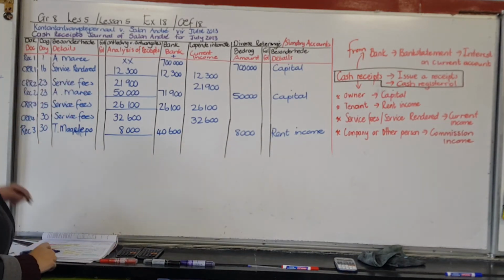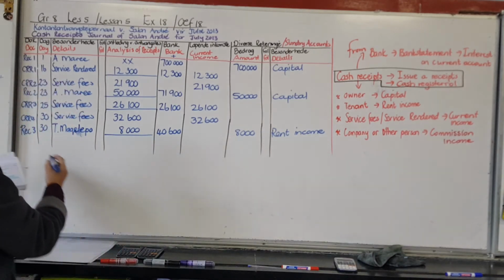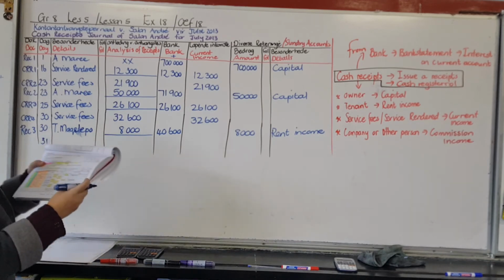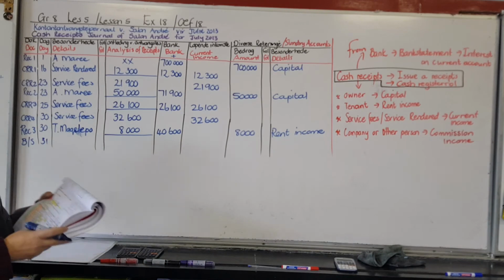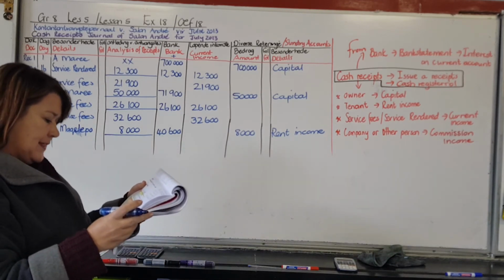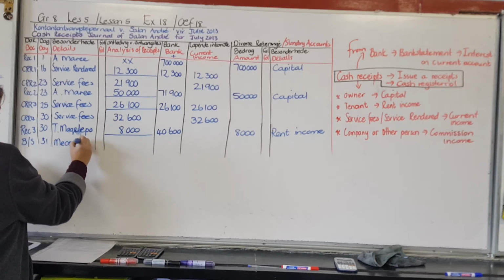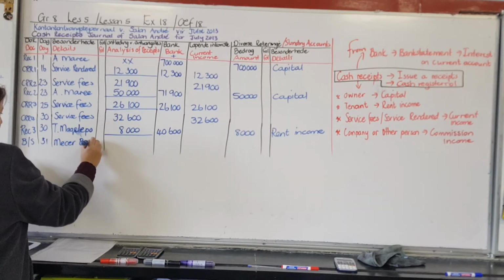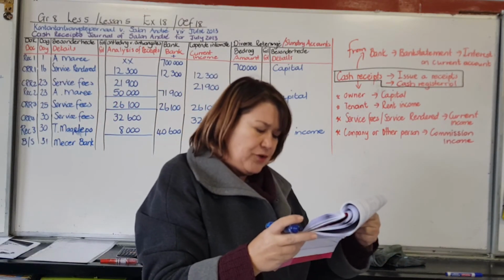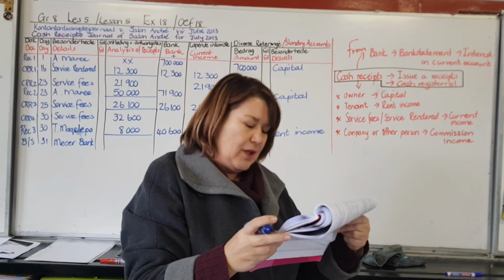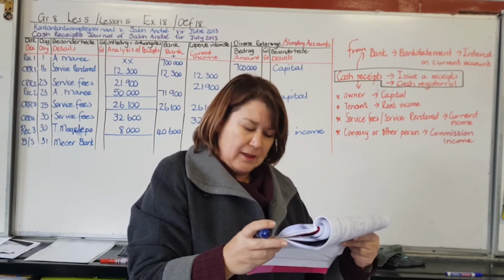And then the last transaction says on the 31st, according to the bank statement, BS bank statement, received from Mercer Bank, interest to the account to the amount of 200 Rand was earned on the current account. Right?